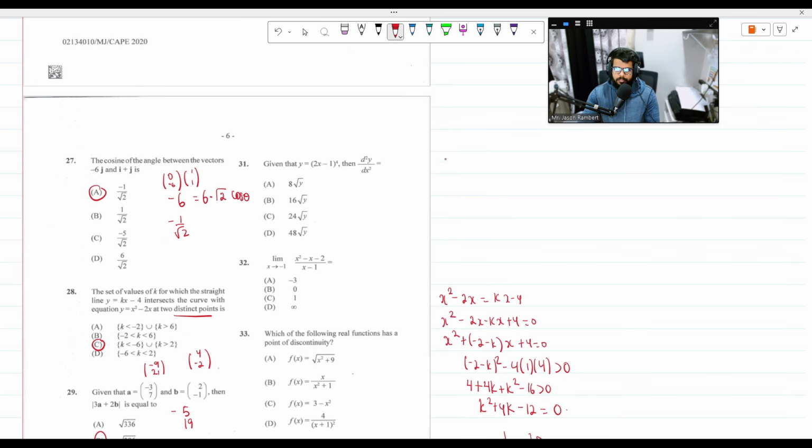y is equal to (2x minus 1) to the power 4. dy dx is equal to 4 multiplied by 2 into (2x minus 1) cubed. And the second derivative is going to be 8 by 3, sorry, 24 by 2 into (2x minus 1) squared.